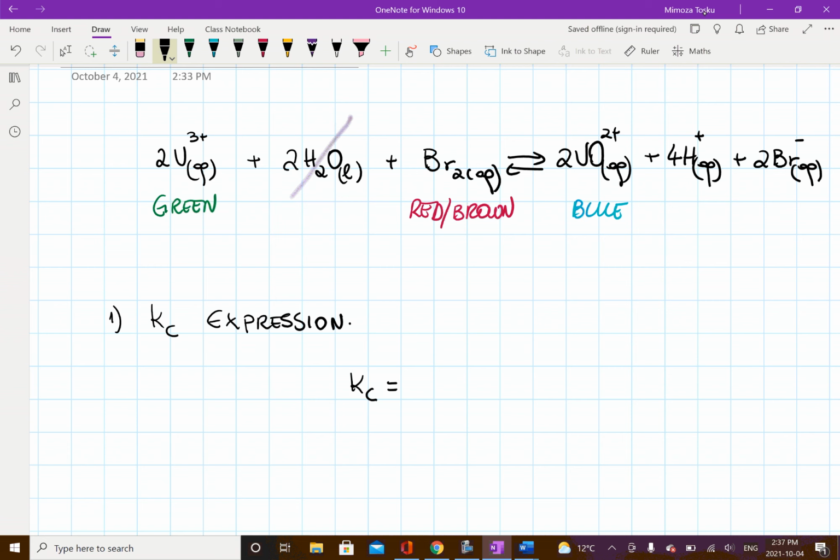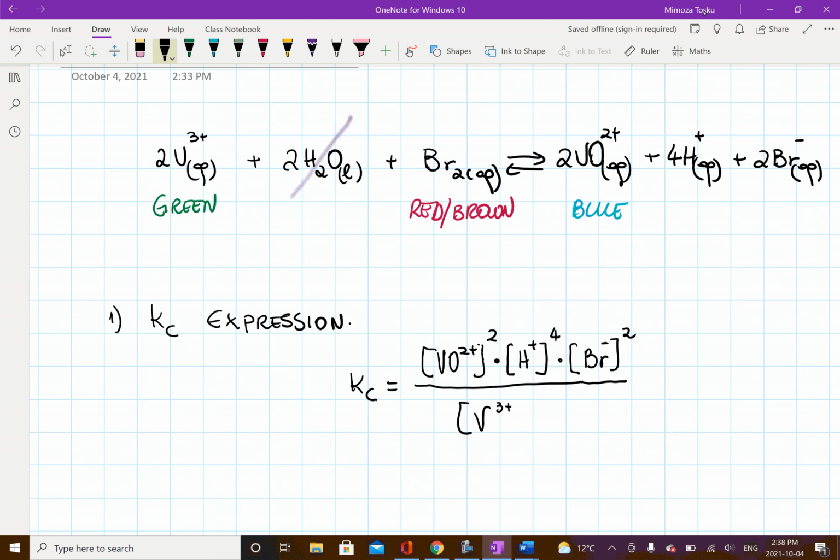So in this case, the equilibrium expression will be the concentration of vanadium oxide 2 plus in aqueous solution to the power of 2, because it has a coefficient of 2, times the concentration of hydrogen plus, or proton, to the power of 4, times the concentration of bromide ion to the power of 2, over the concentration of V3 plus to the power of 2, times bromine to the power of 1, because it has a coefficient of 1.